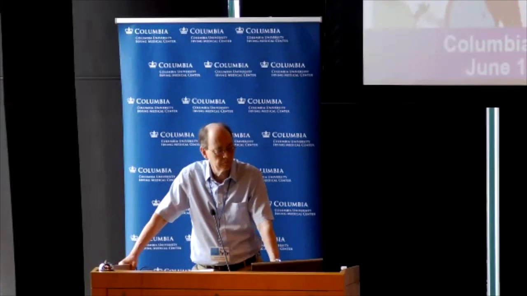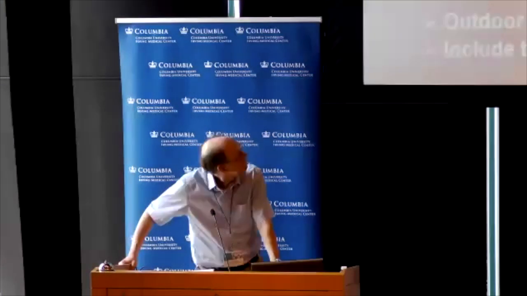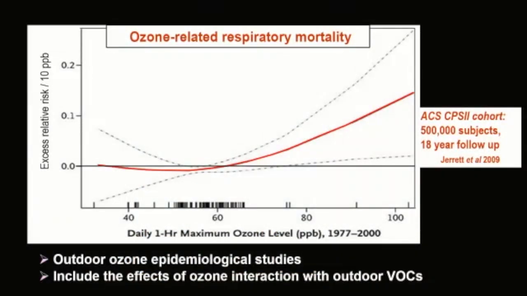So there are then two questions. Is an increase in a single digit ppb ozone level in itself going to have health consequences? And then what about the secondary particles produced by that? Again, remember we're talking about single digit ppbs.